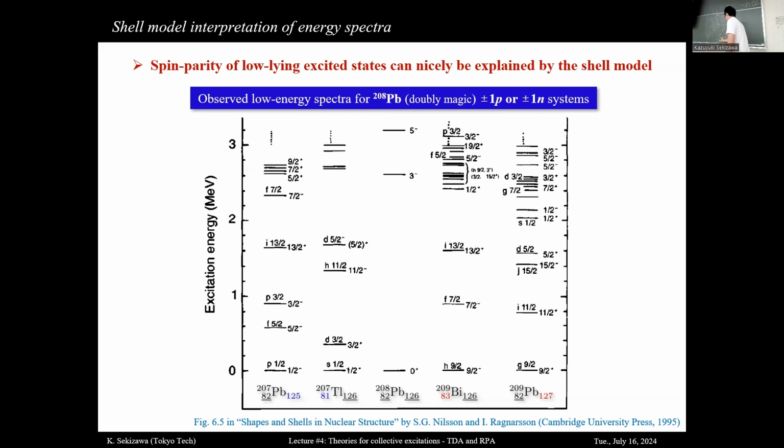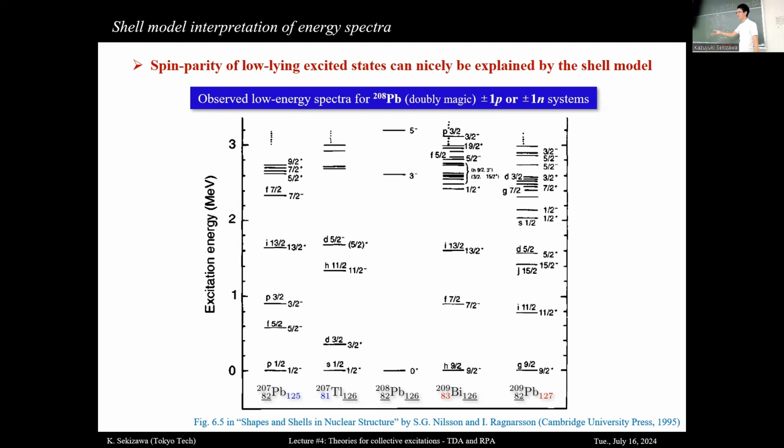So now, let's start with bismuth-209, for instance. Bismuth-209 has neutron number 126, same as lead-208, but we have one proton added to the closed shell 82. The lead-208 has ground state spin parity 0 plus.